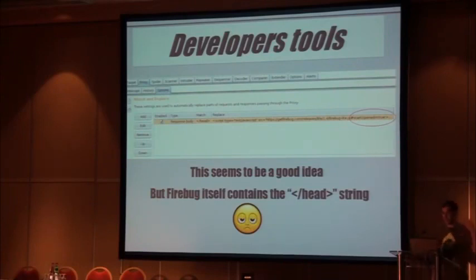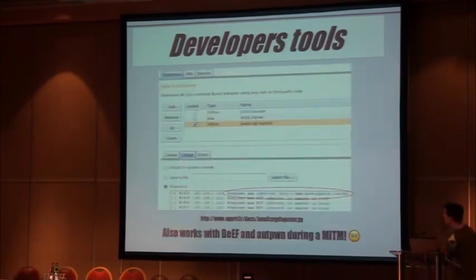But I have coded a very small extension, which is a JavaScript injector, that you can use to do a few things like starting Firebug Lite. It also works well with BeEF, which is an XSS framework, or Autopwn from Metasploit, if you can man in the middle your client, for example in an internal penetration test when you are playing ARP or DNS or WPAD tricks in order to man in the middle some clients.